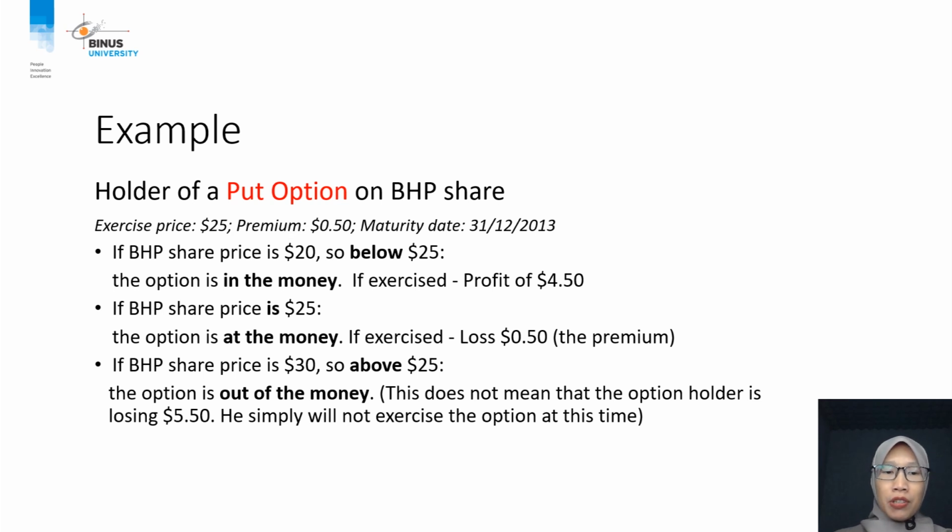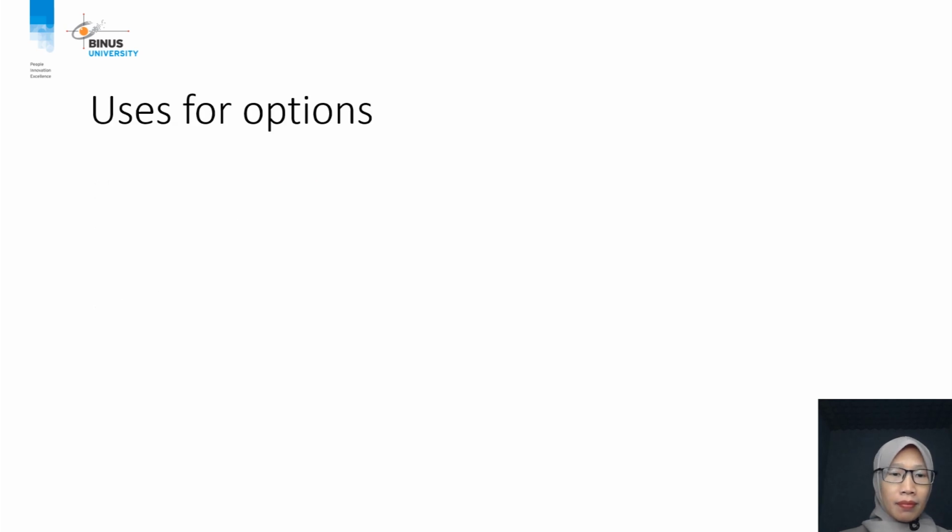If the BHP share price is $25, the option is at the money. Actually, you still have a loss of $0.50 because you pay the premium. If the BHP share price is $30, so above 25, the option is out of the money because it is greater than the exercise price.